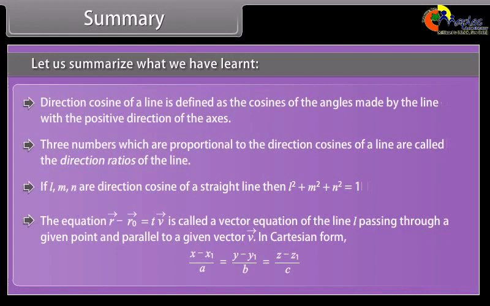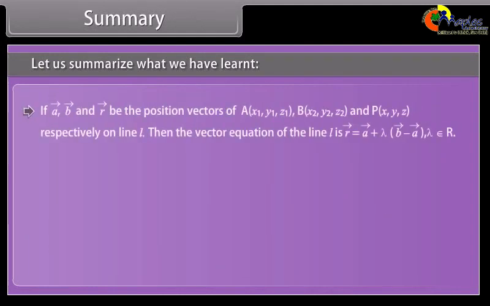In Cartesian form, if vectors A, B, and R be the position vectors of A, x1, y1, z1, B, x2, y2, z2, and P, x, y, z respectively on line L, then the vector equation of the line L is vector R equals vector A plus lambda times vector B minus vector A, lambda belongs to real numbers.